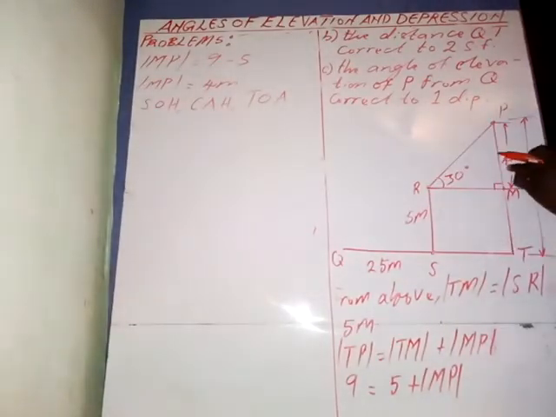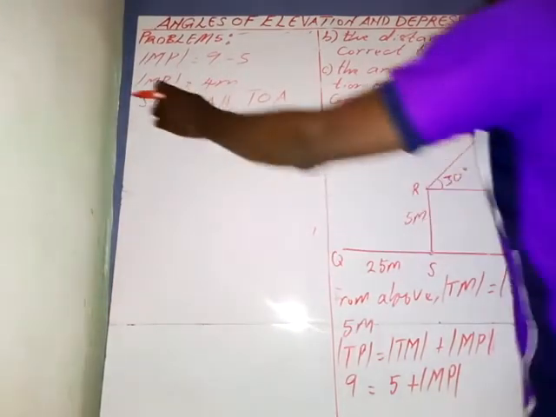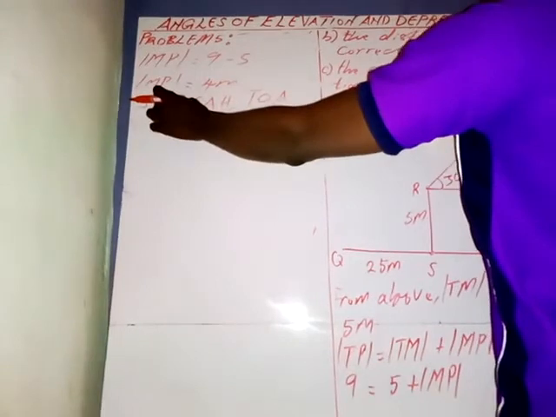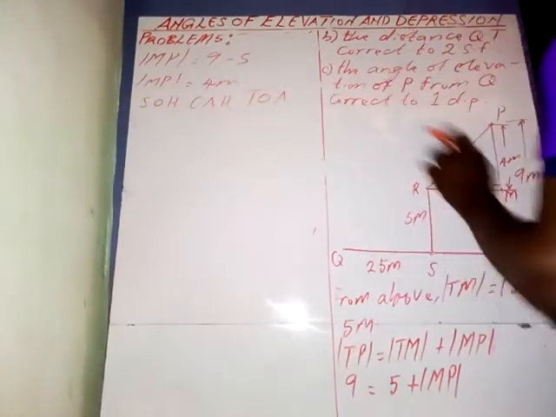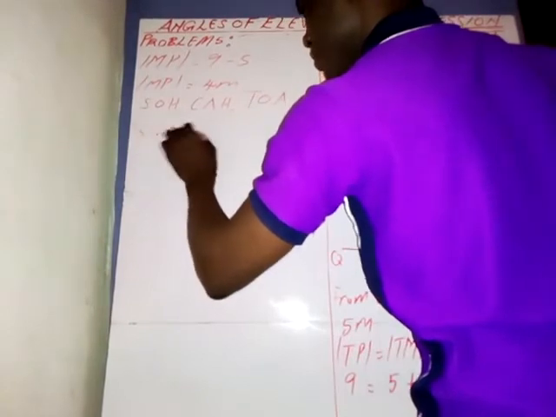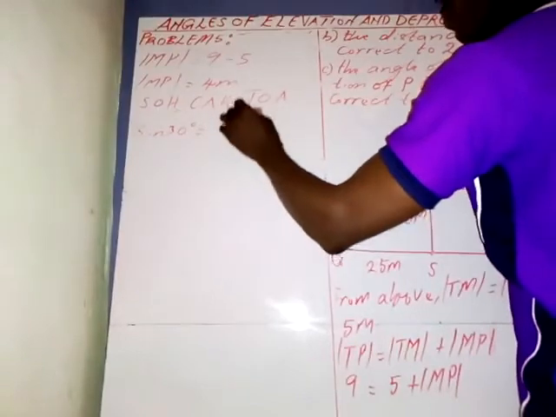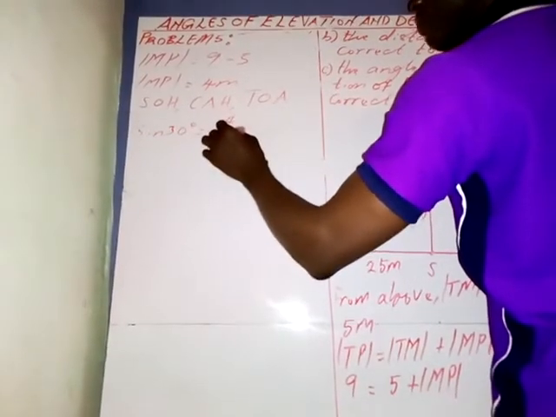Now we have the opposite, we have the angle, and we are looking for the hypotenuse. So we have sine 30 degrees equal to, the opposite is 4, and the hypotenuse is PR.